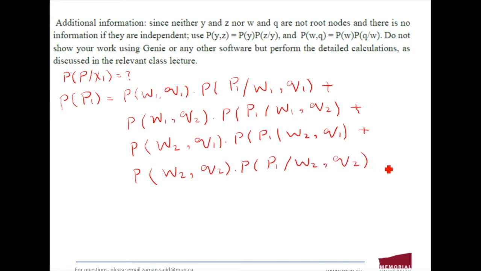So that is using the law of total probability. Now, to simplify this, we know two relationships here. When we have Y and Z, the joint probability relationship is given here. When we have W and Q, we have the relationship given here. So this is what I'm going to use here.